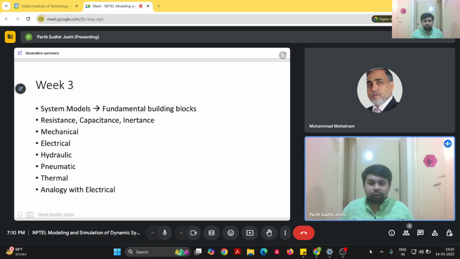All of these will come into picture, and thermal will always be present, because there will always be something changing with temperature, pressure, and so on. So we'll be dealing with at least two or three of these types of building blocks at a time in actual practical systems. So yeah, we will see some more demos as we go along this course.